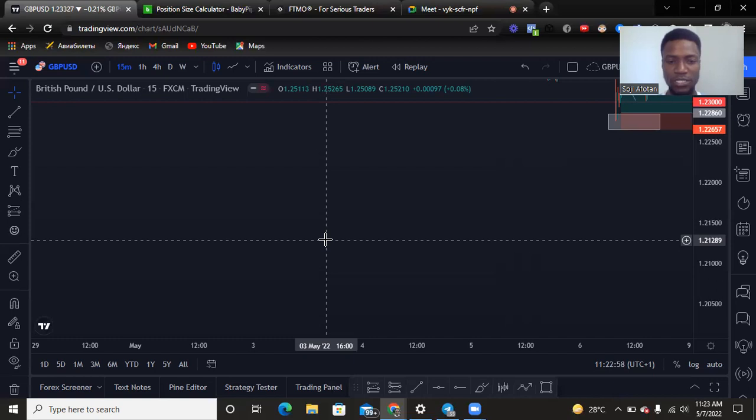Or if we see a double bottom at a particular support level with other confluences, we could see a change in direction from that point.